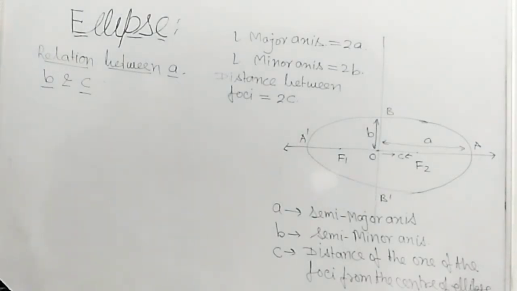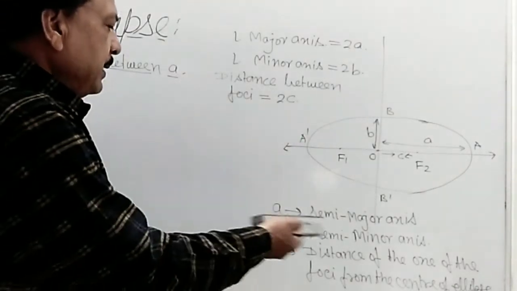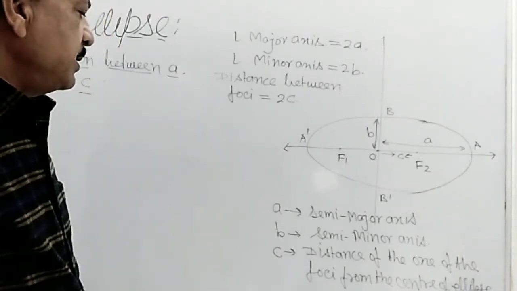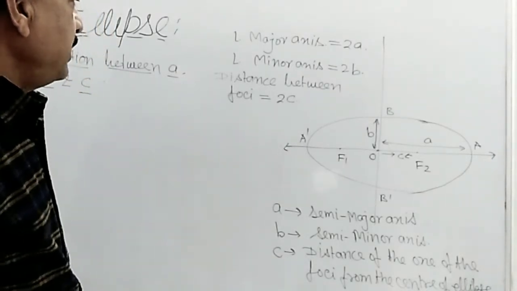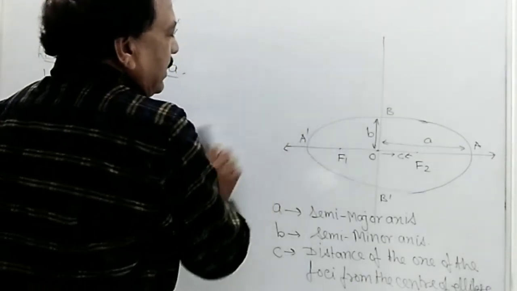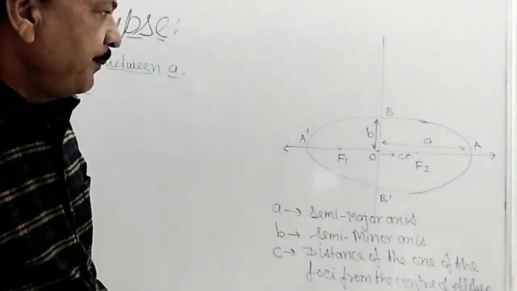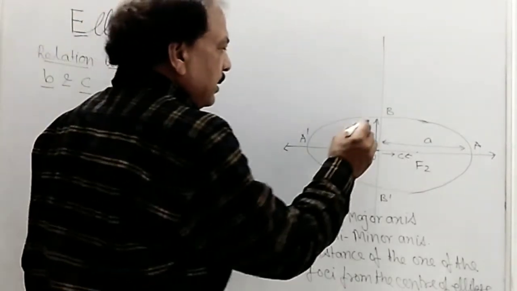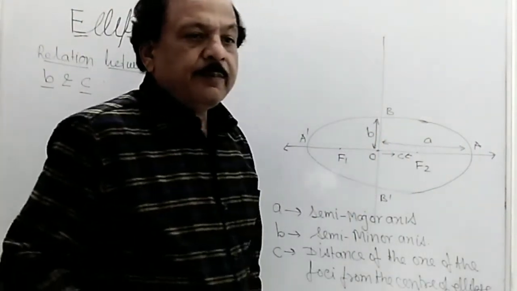Now in this figure, A is the semi-major axis, B is the semi-minor axis, and C is this. Let us see the relation between these.